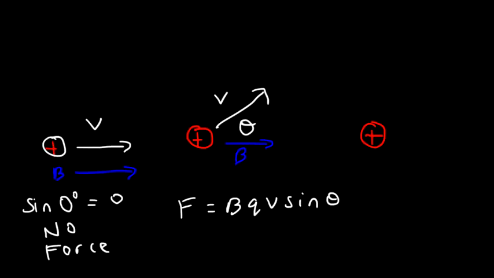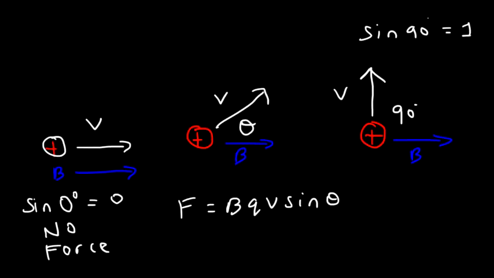Now let's say the proton is moving perpendicular to the magnetic field. That is, they're at right angles, or 90 degrees relative to each other. Sine 90 is 1. So the magnetic force will have its maximum value at this point, and it's equal to simply BQV.